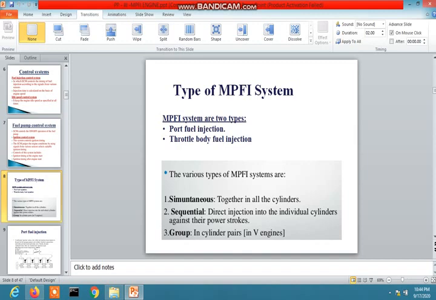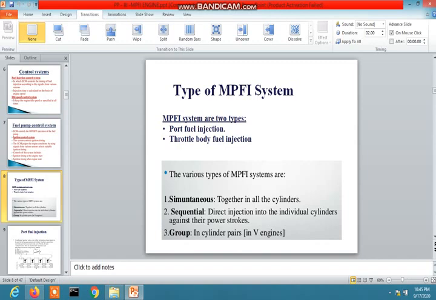One is simultaneous, second is sequential injection, and third is group injection. So simultaneous, sequential and group are different processes of the injection system.